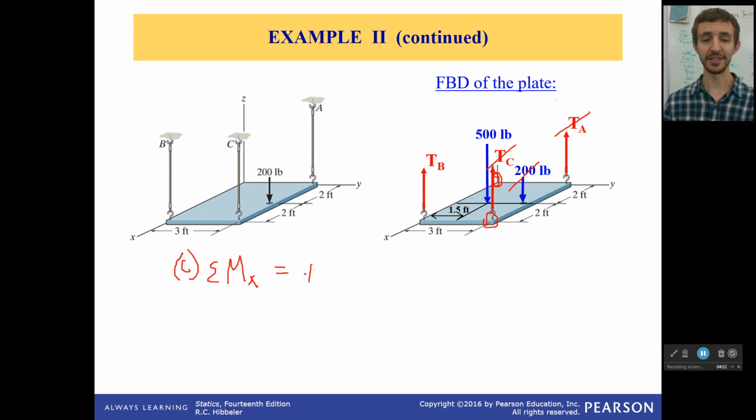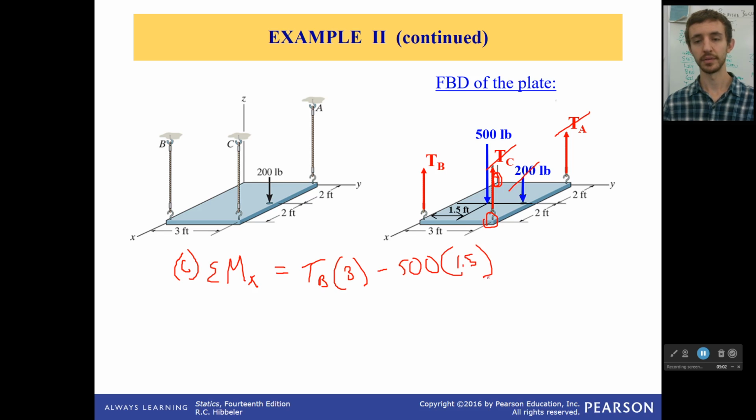And so what we get is TB times 3 minus 500 times 1.5, and that should be equal to 0. And you can solve this pretty simply, which means that TB will be, guess what? 250 pounds.